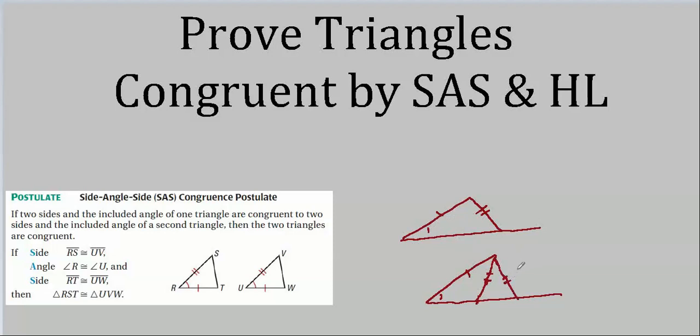Which is why there's no such thing as the angle-side-side postulate or angle-side-side theorem. Because it's not true. We can have two different triangles which both have two equal sides and one equal angle. The catch over here is that the congruent angle has to be between the two congruent sides. See?